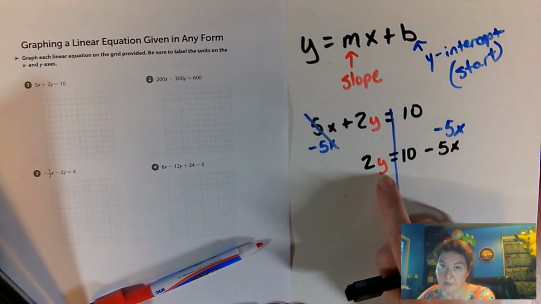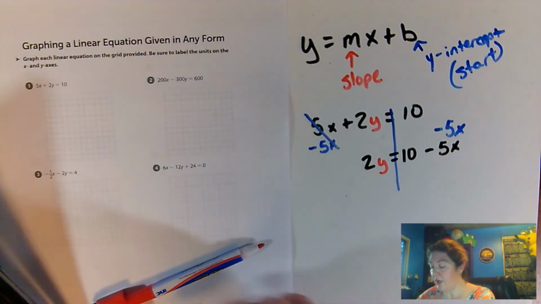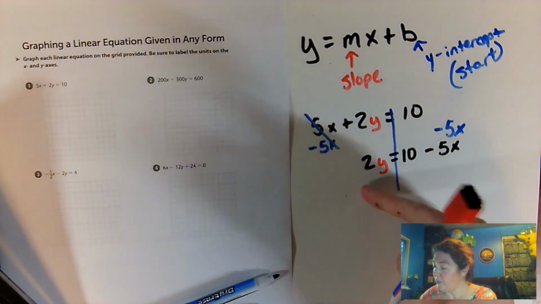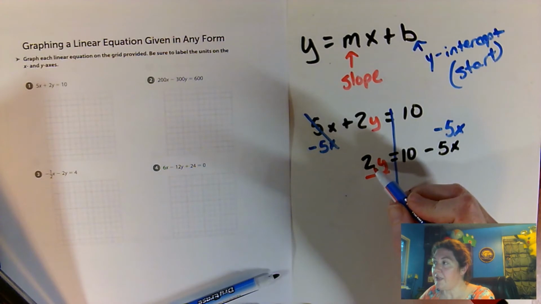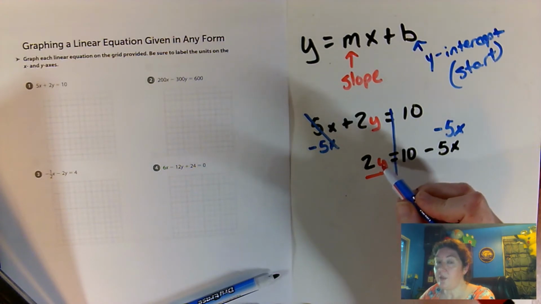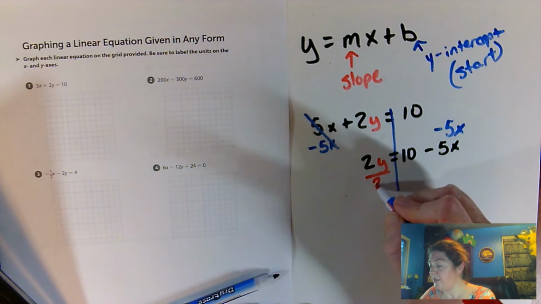Is Mr. Y happy? Nope. He's still not by himself. What's bugging Mr. Y? Well, what's bugging Mr. Y is this 2 right here. So what operation's happening between the 2 and the y? They're being multiplied. To undo multiplication, we divide. So I'm going to divide by 2.